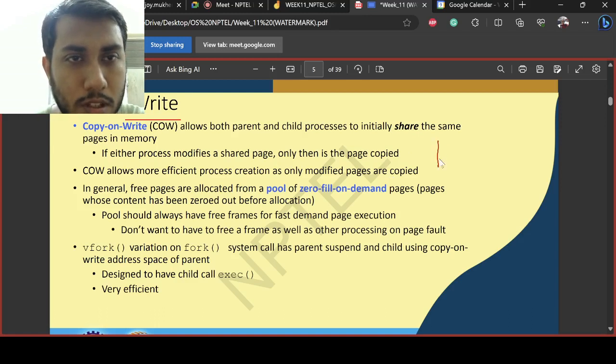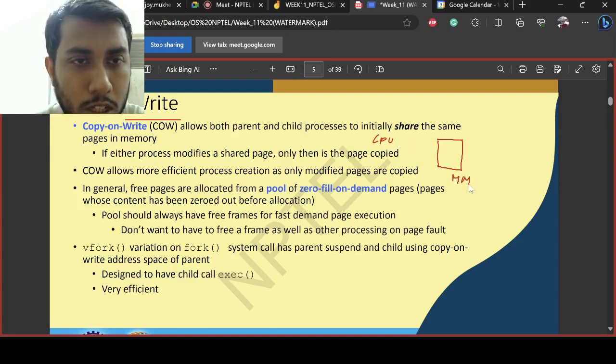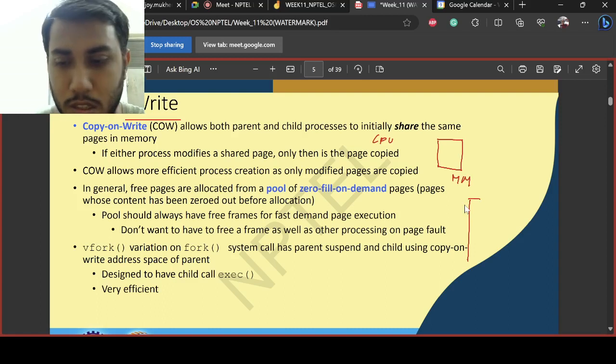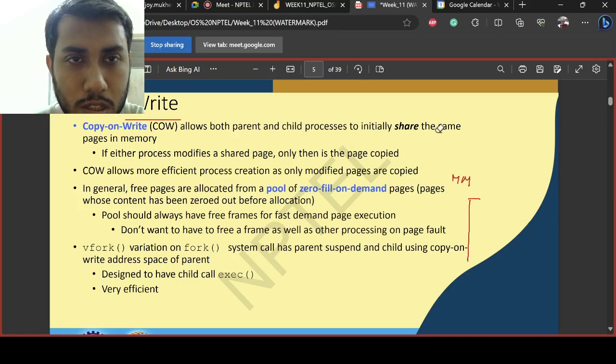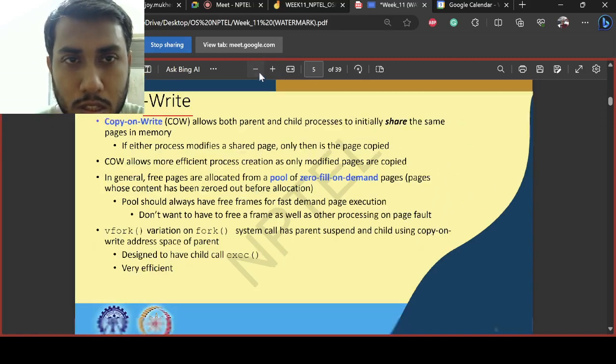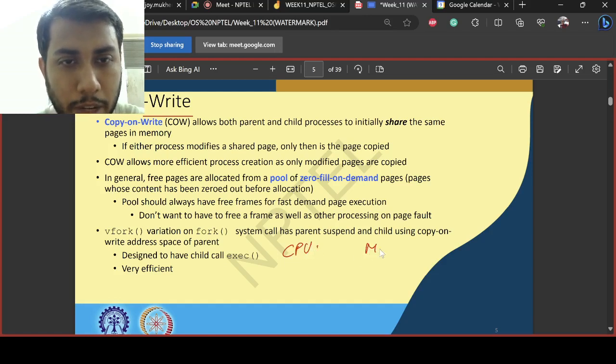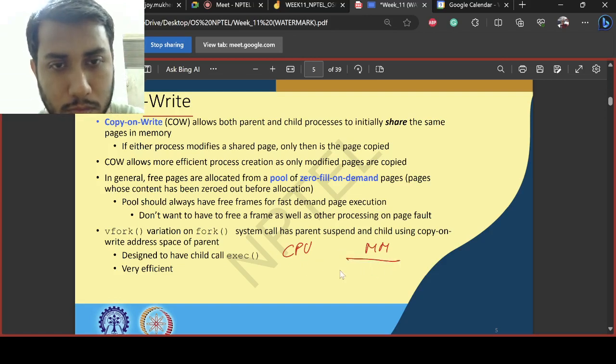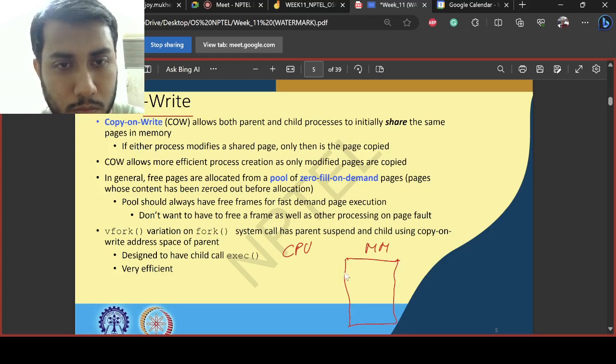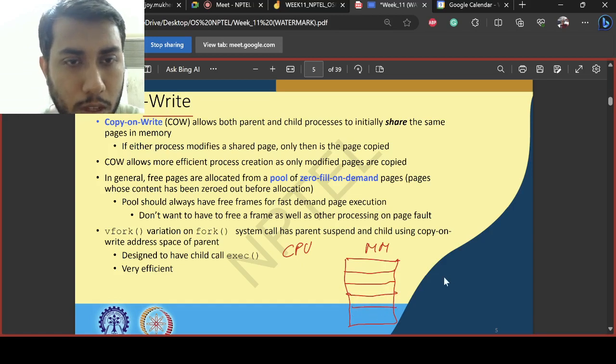So the concept comes like this. This is your CPU, this is your main memory, and this is your secondary memory.